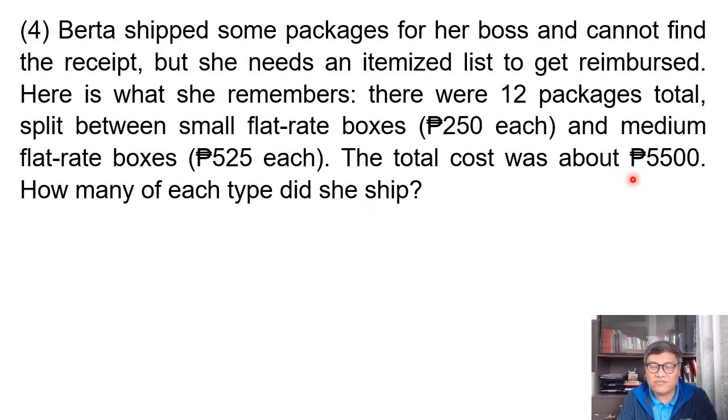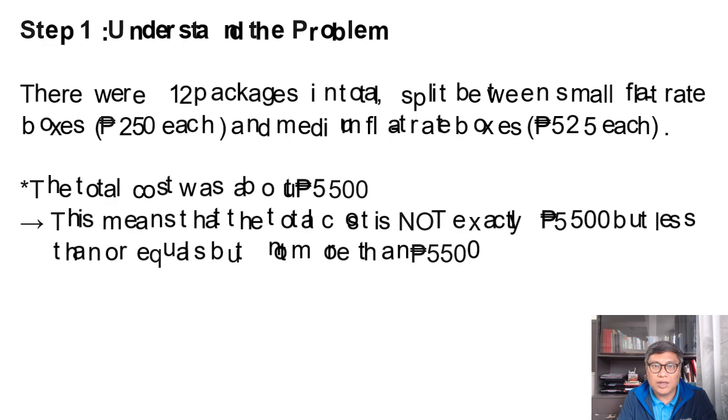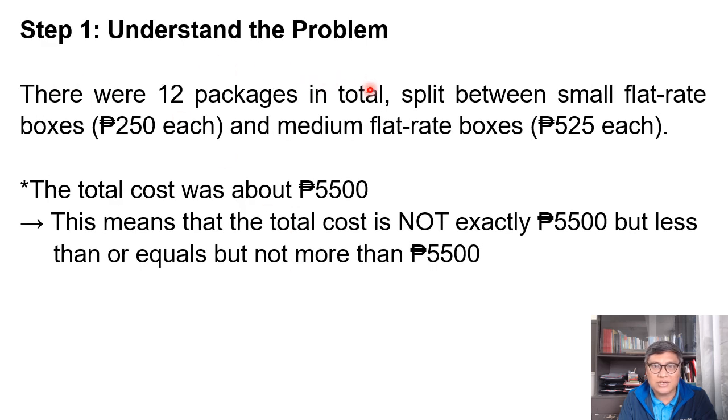Now, when we say about 5,500, class, it does not mean that it is exactly equal to 5,500. It could be less than or equal to 5,500. So we have to analyze our problem here. So, understand the problem. Accordingly, there were 12 packages in total, and this comprises small boxes and medium boxes with the following prices or costs.